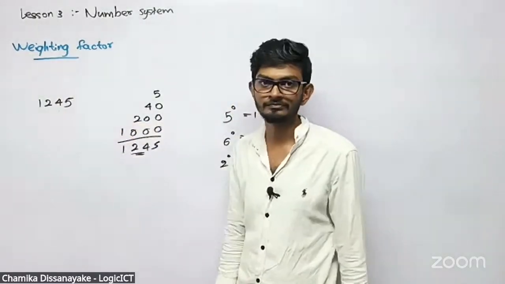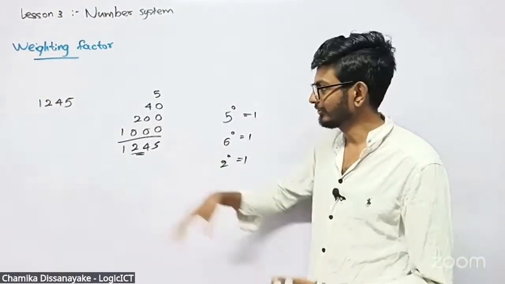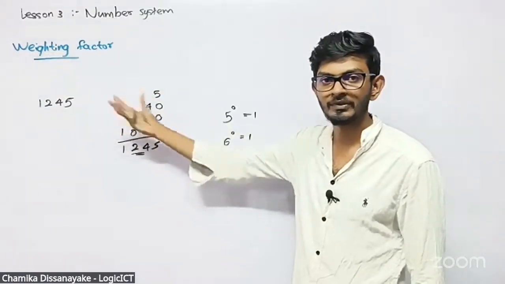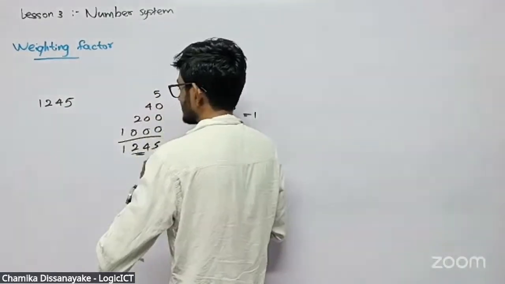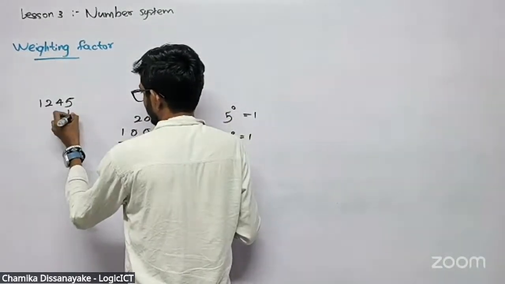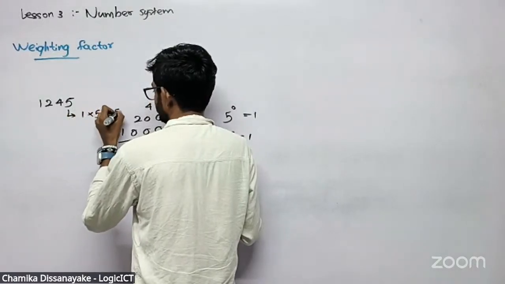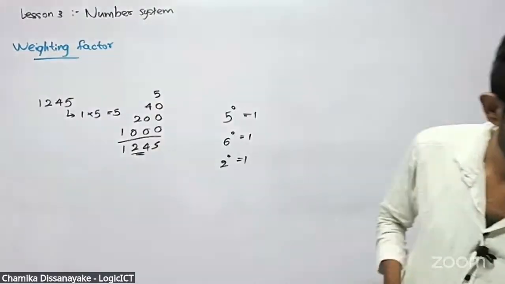So what we are going to do is reverse this process. This 5 can be obtained as 1 multiplied by 5, that means 5. It is okay.